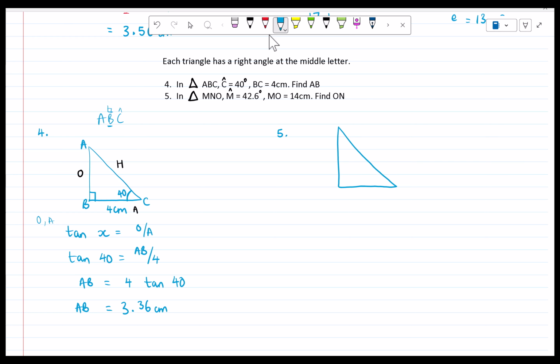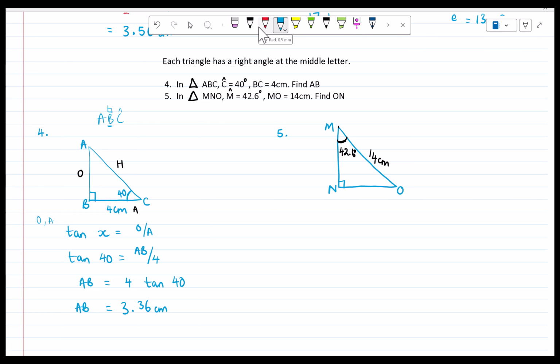And remember the middle letter, that's where we have the right angle, and we have N. This is M, N, and then we have O. And I'm going to label the given angle M is this one right here, which is 42.6 degrees. And then we have MO, which is the distance from there to there, which is 14 centimeters. And what we want to look for is ON, which is this side, ON. That is what we want to find.